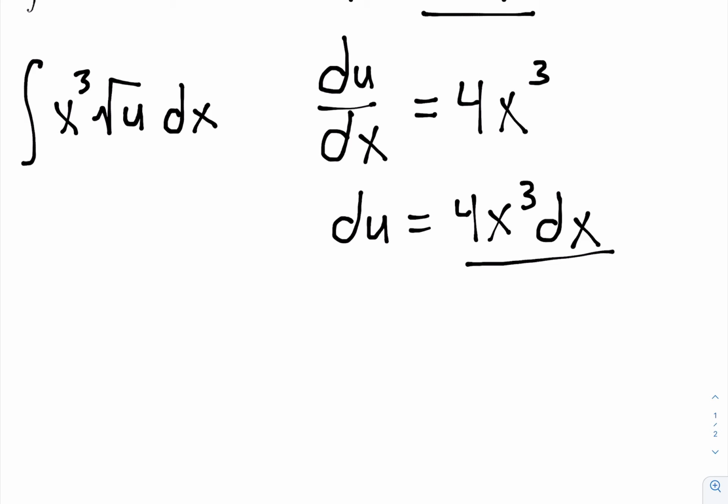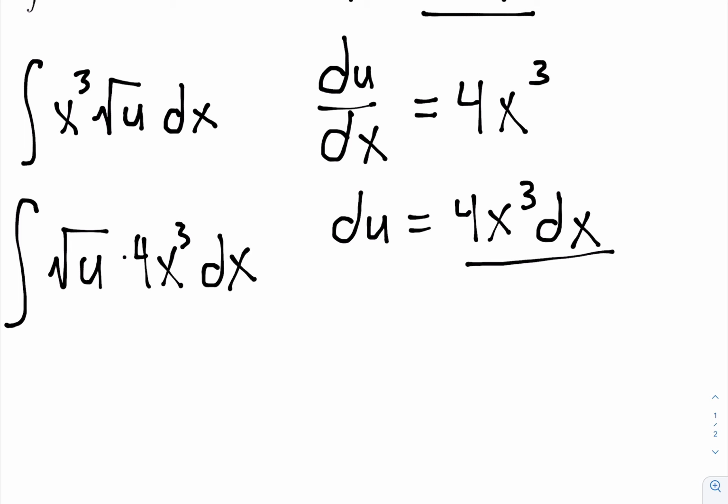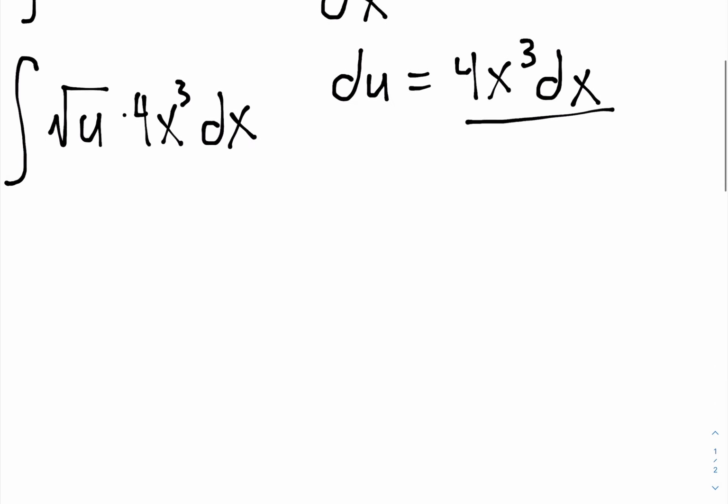So if we did put du in there, that would be the same as taking the integral of root u times 4x cubed dx. So how does this vary from what we had before? We only had one x cubed over here. Now we have 4x cubed. So if we want to put in du, we have to take 1/4 times du.